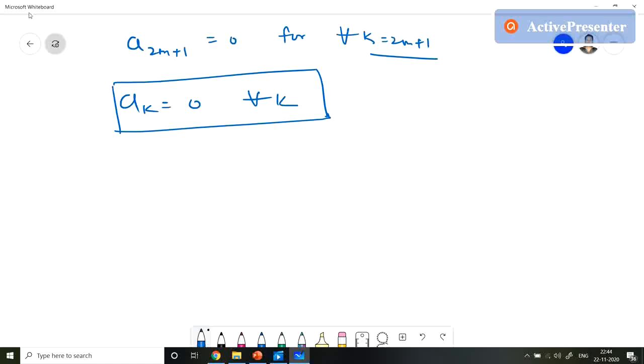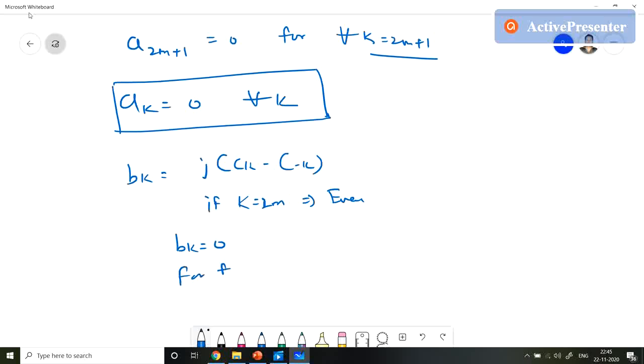And let us find out b_k. So b_k is j times (c_k minus c of minus k). So if k is even, that is k equal to 2m, then b_k is equal to 0.